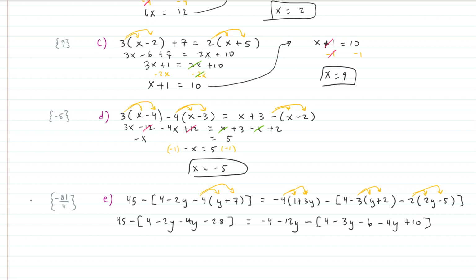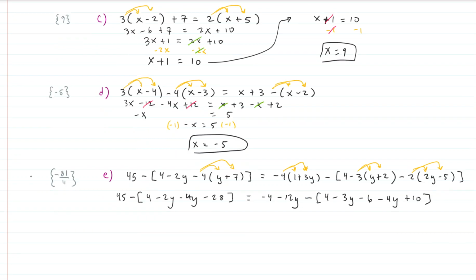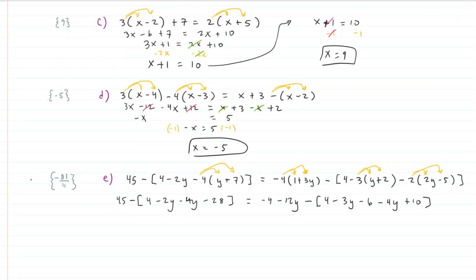So let's do a little cleaning up inside of these brackets. On the left, we have negative 2y, negative 4y, which gives us negative 6y, right? And then we have 4, negative 28, which is negative 24.